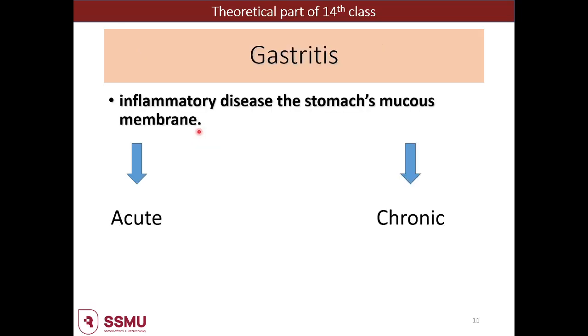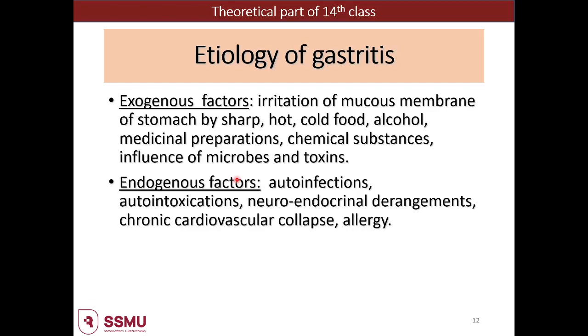Gastritis is an inflammatory disease of the stomach mucous membrane. According to the course, it may be acute or chronic. The etiology of gastritis is the same for acute and chronic, and it's associated with some endogenous and exogenous factors. Exogenous factors are associated with food and its physical conditions.